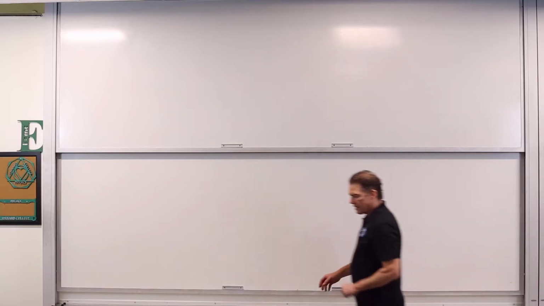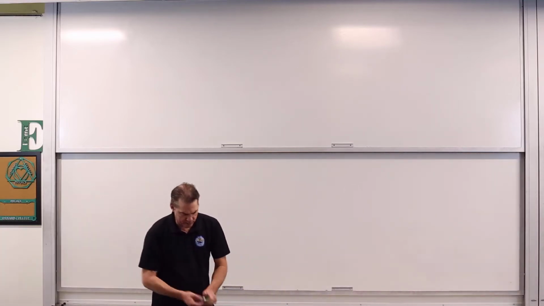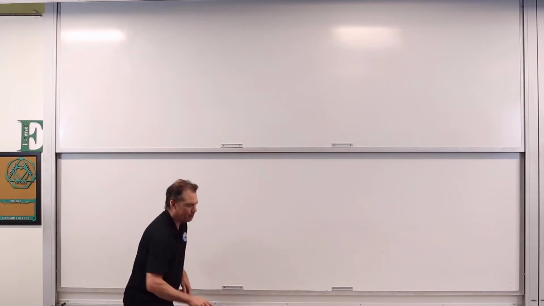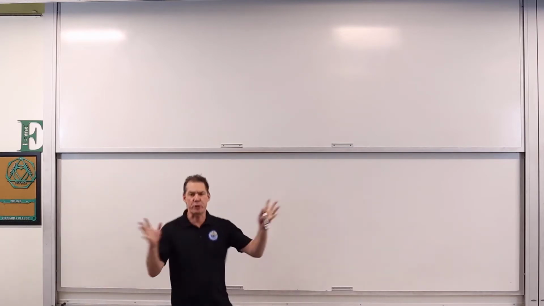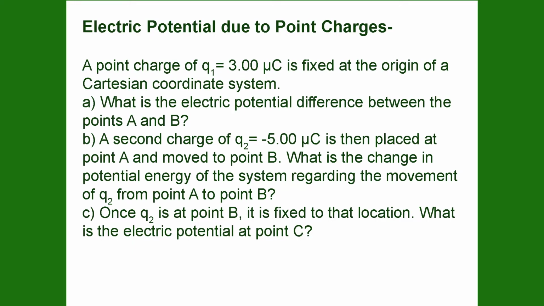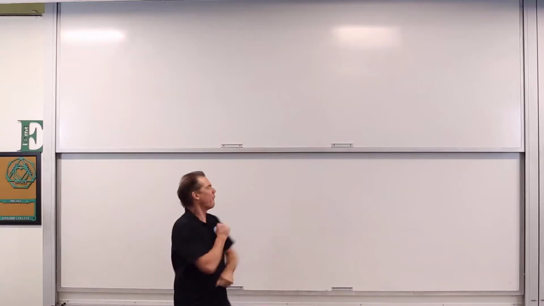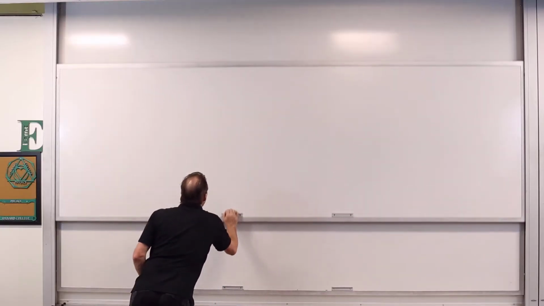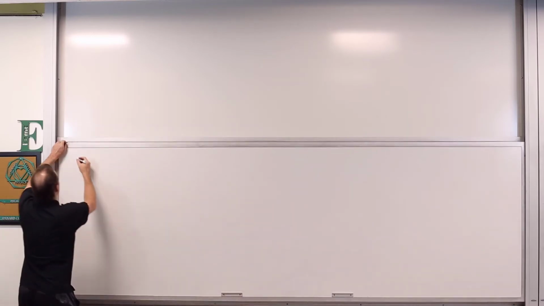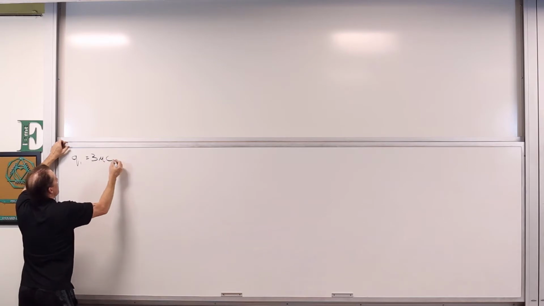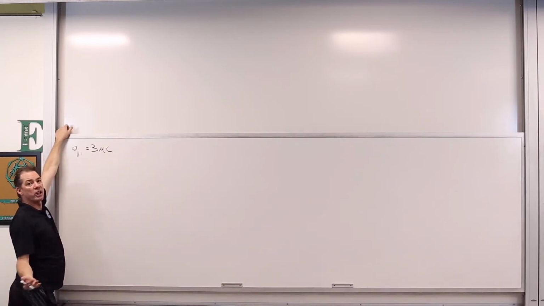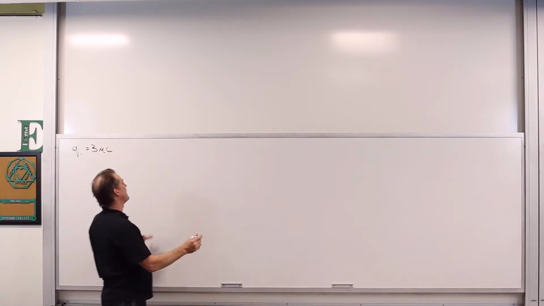All right, so here's a nice little problem that involves looking at some multiple point charges and the potential differences in the vicinities. So here's the problem. We've got ourselves point charge Q1, which is 3 microcoulombs, and it's at the origin of a Cartesian coordinate system.